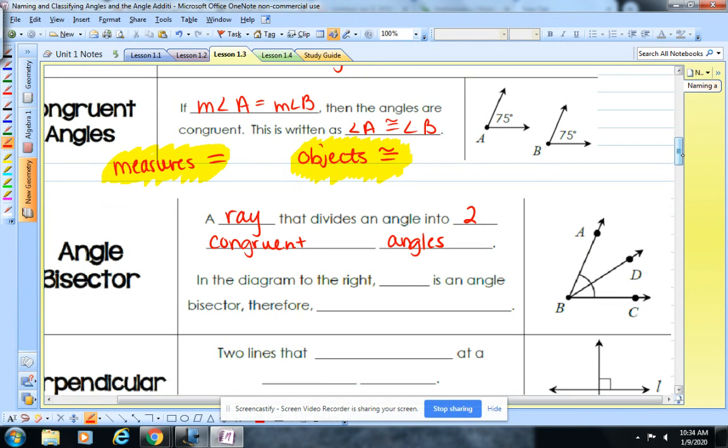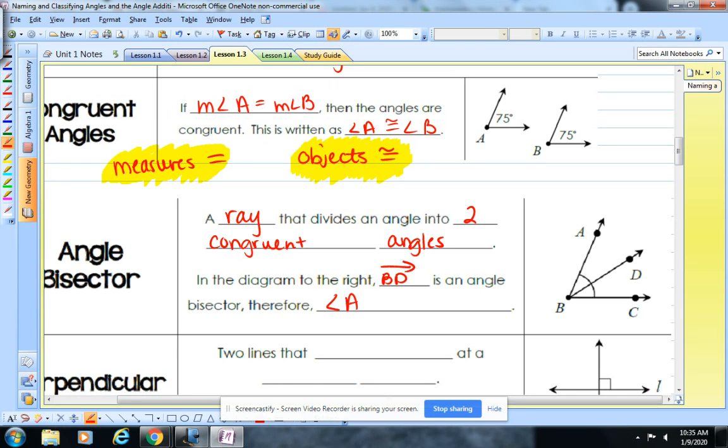So over here in this picture they gave us, if BD is a bisector of angle ABC, then angle ABD is congruent to angle DBC. Y'all see that? Okay. So just like it said, in the diagram to the right, ray BD is an angle bisector.